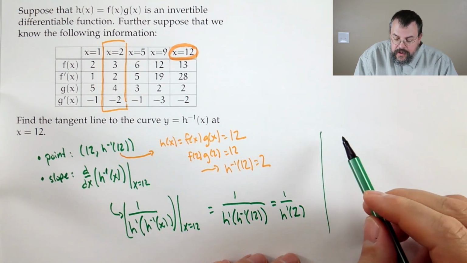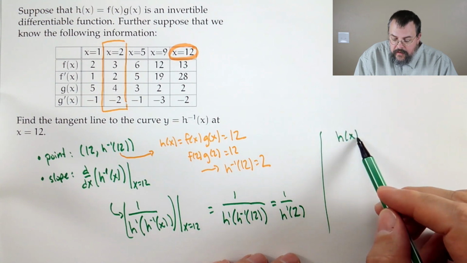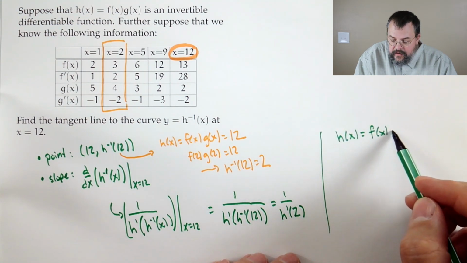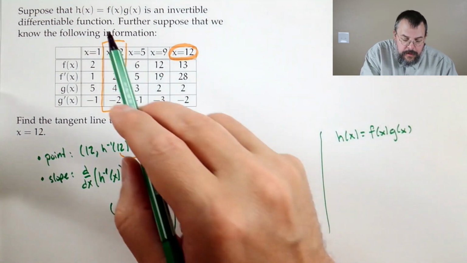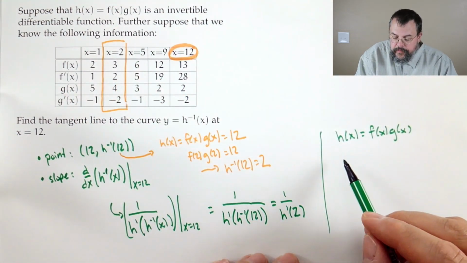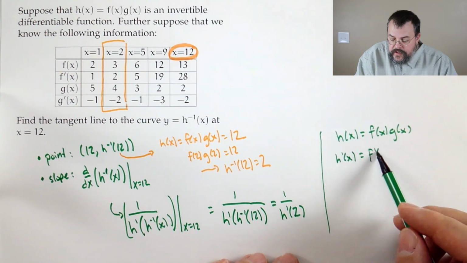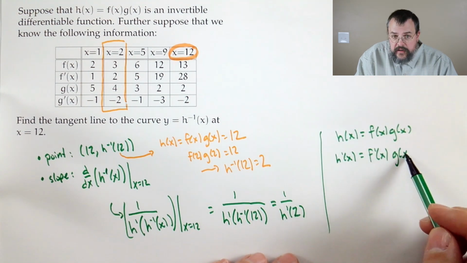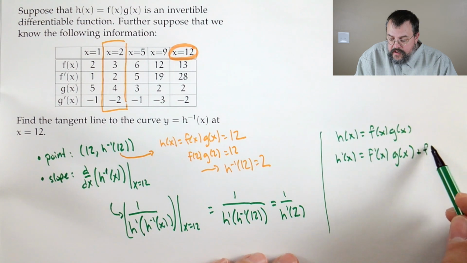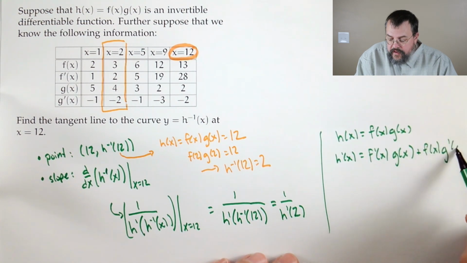Well, we know that h of x is f of x times g of x, because that's what we were told about h of x. So h prime of x, by the product rule, is the derivative of the first times the second, plus the first times the derivative of the second.